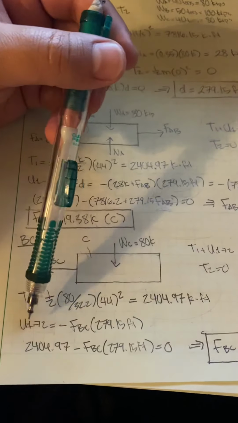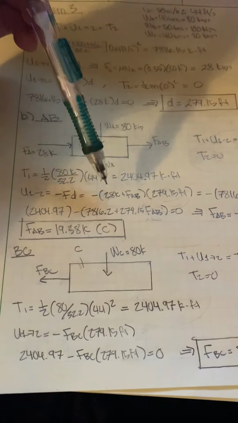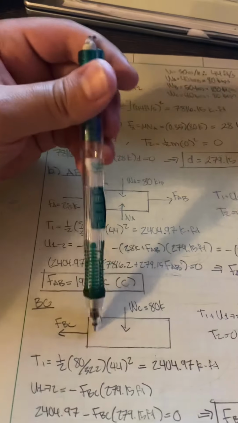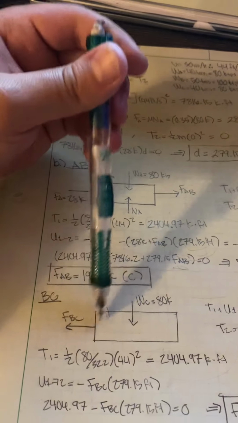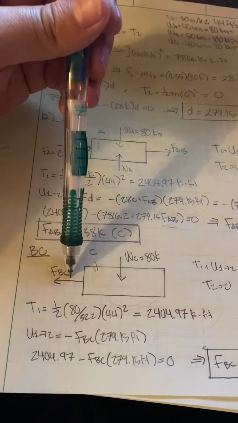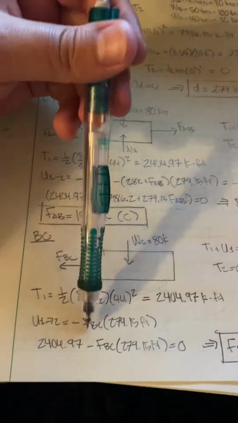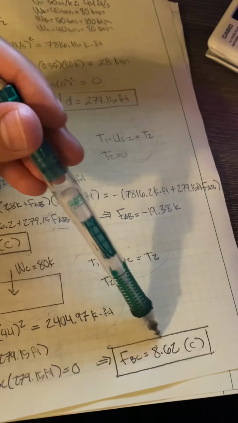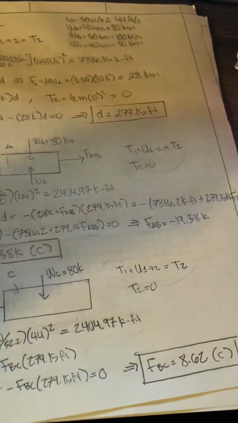And then for the work of the weight, unlike before, when we had to keep in account this force right here, not for this one, because we only have one force acting on this train. So we only do negative F, the force that we want to solve for, times the distance, which was solved in part A. Plug that into the equation, and then we get this for our force, 8.62 kips.